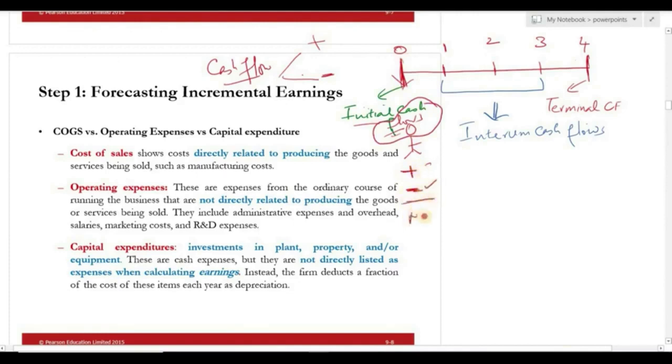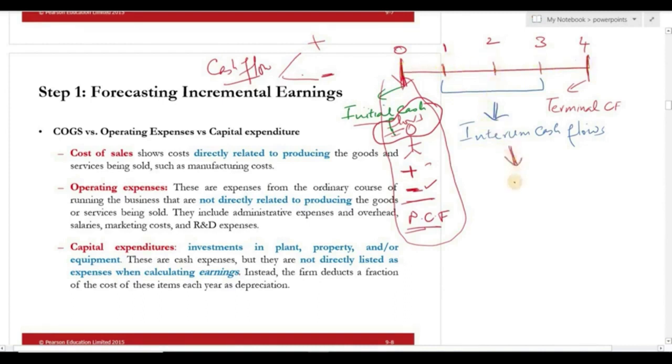So at the end we need to see the net cash flows, right? And then in the incremental cash flows, there is also the interim. Interim means from year 1 to 3, before the final year and after period 0. All these cash flows are called the interim.